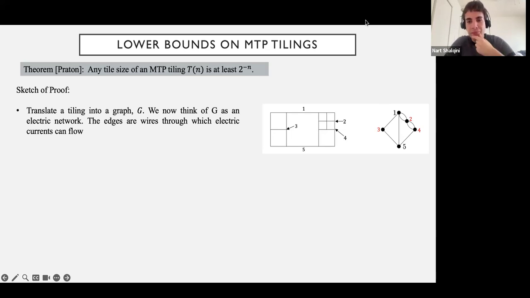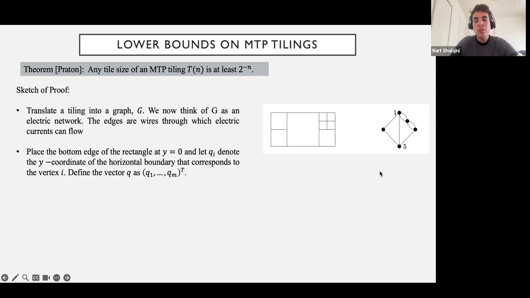Yeah. So now I'm also going to place my tile on XY coordinates, and I'm going to place the bottom edge of the rectangle at the coordinate y equals 0. I'm going to let Q of i denote the y coordinate of the horizontal boundary that corresponds to vertex i.